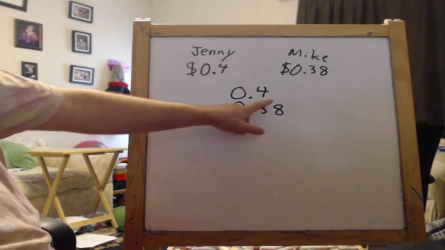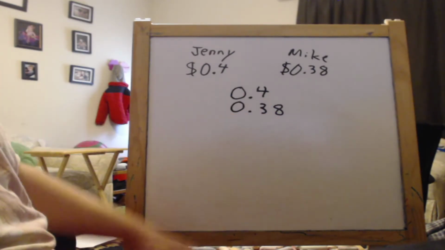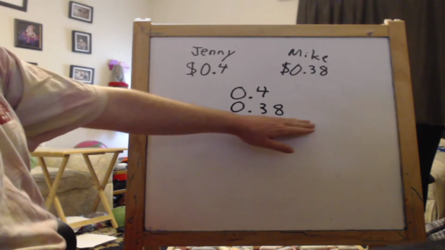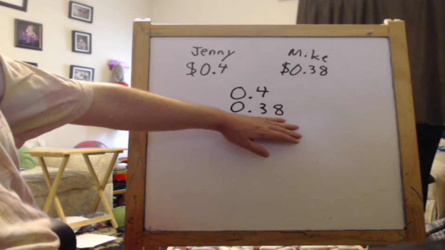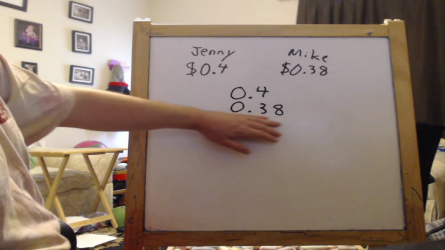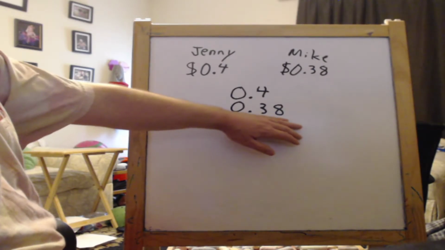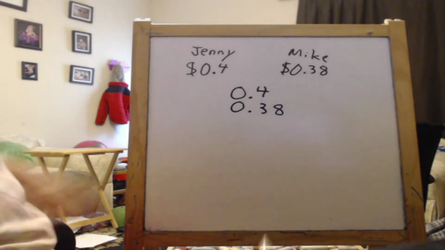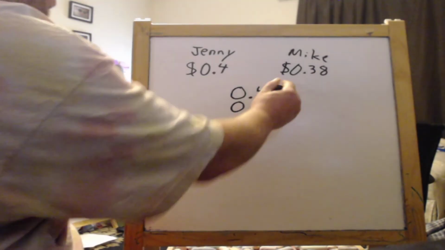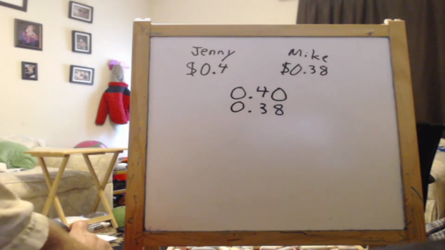We just want to add as many zeros as needed to match the decimal with the most digits after the decimal. So in this case, we would just add a zero here to make sure we have all of them.